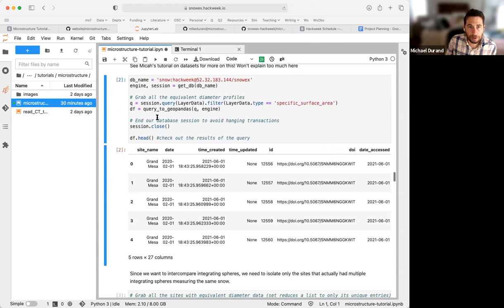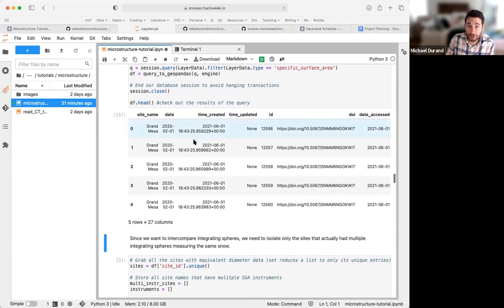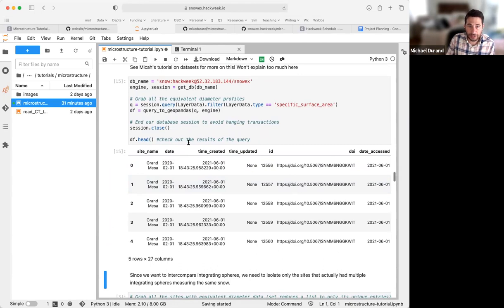The SSA, or the integrating sphere data, is all in the database, which is really nice. So you can pull all of it just with the layer data type equals specific surface area, and then yank that into a data frame, following Micah's examples from his tutorial.